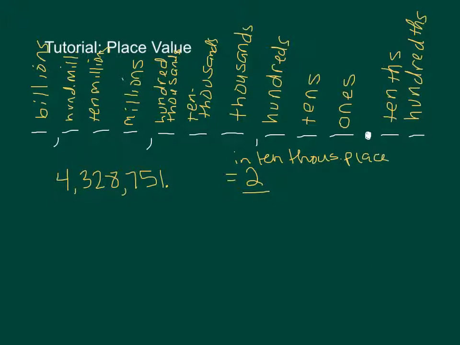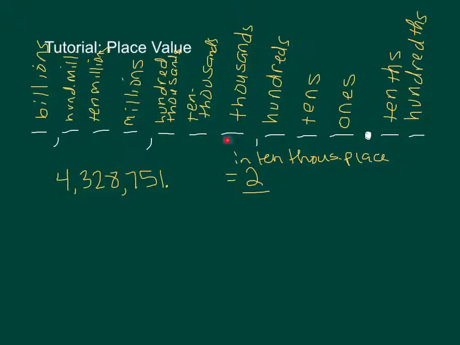And then we do number 2. It says in the number 4,328,751, which place value is the 3 in? So we find the 3. There he is. There's the 3. What place value is he in? Well, you've got the ones section.